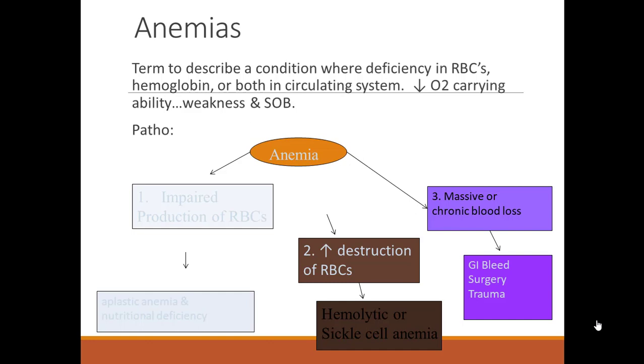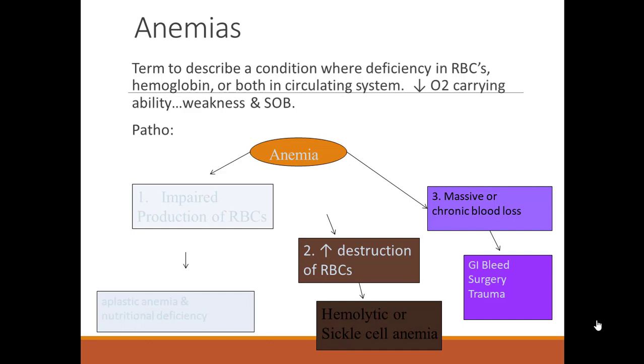So there's different types of anemias. There's impaired production of the red blood cells, destruction of the red blood cells, or chronic or massive blood loss.